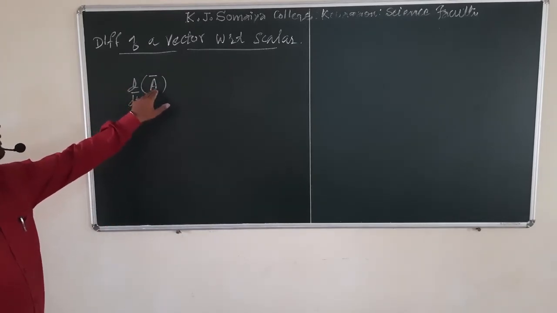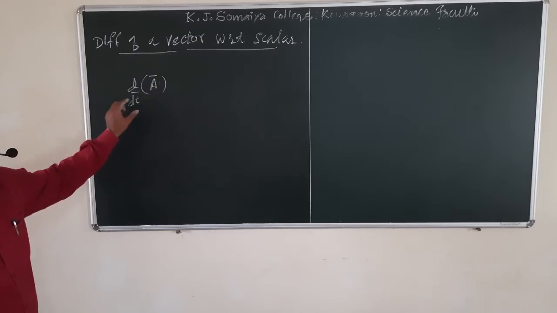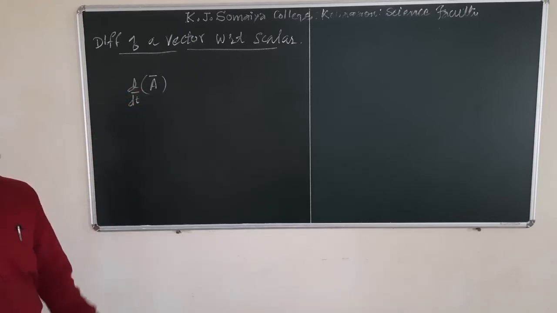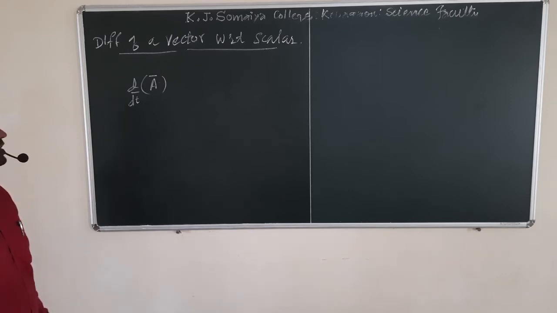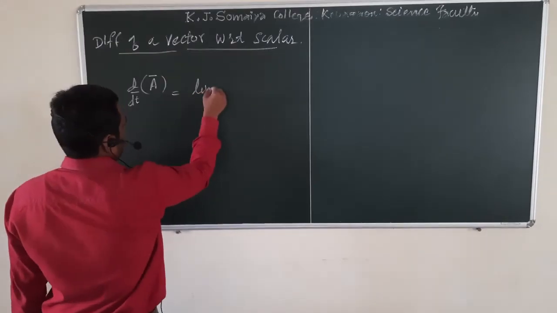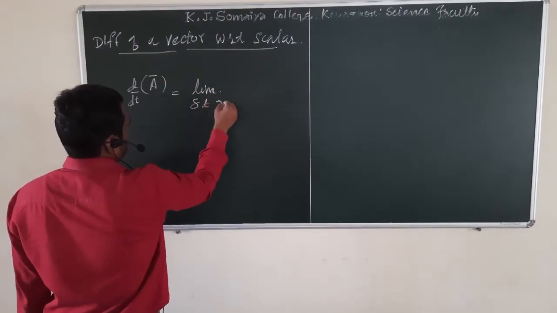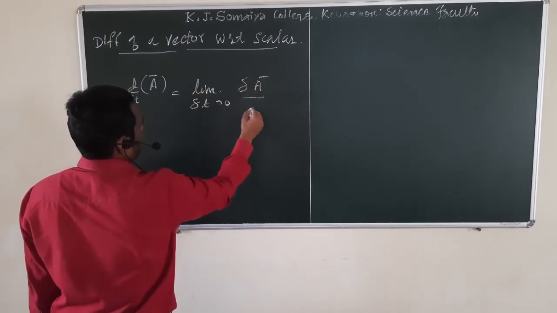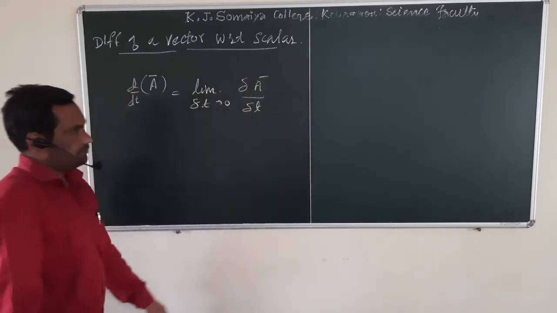So we are taking the derivative of this vector A, and t is the scalar quantity. So d by dt of vector A. How do we take the derivative? By definition, this is the limit as delta t tends to 0 of the increment in vector A divided by the increment in time.